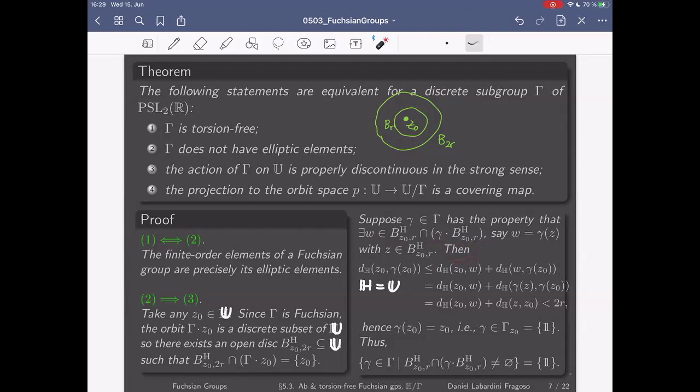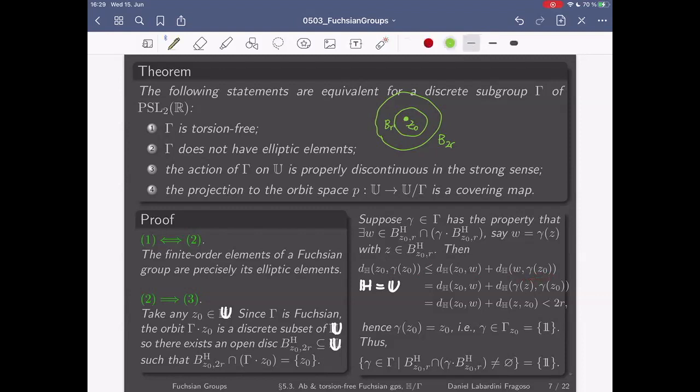Then we have the following inequalities. The hyperbolic distance between z naught and its image under gamma is smaller or equal to the distance from z naught to w, plus the distance from w to the translation.